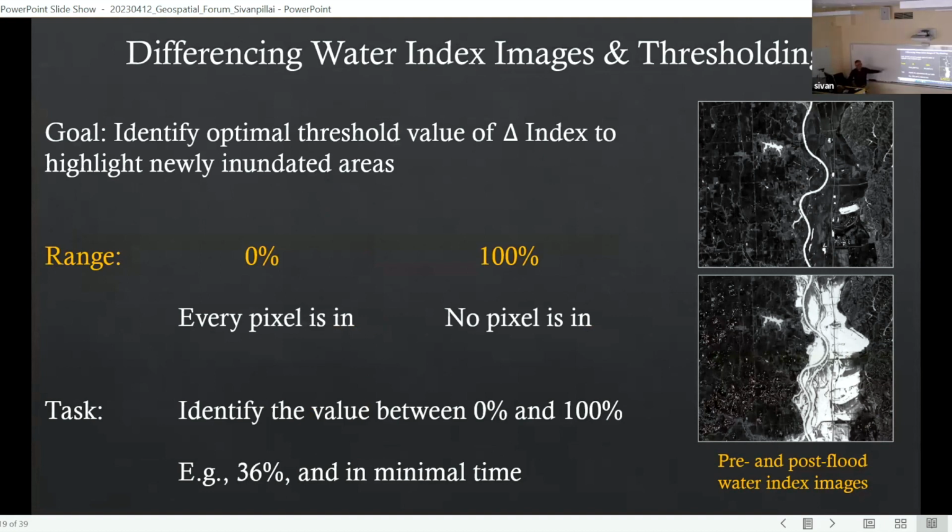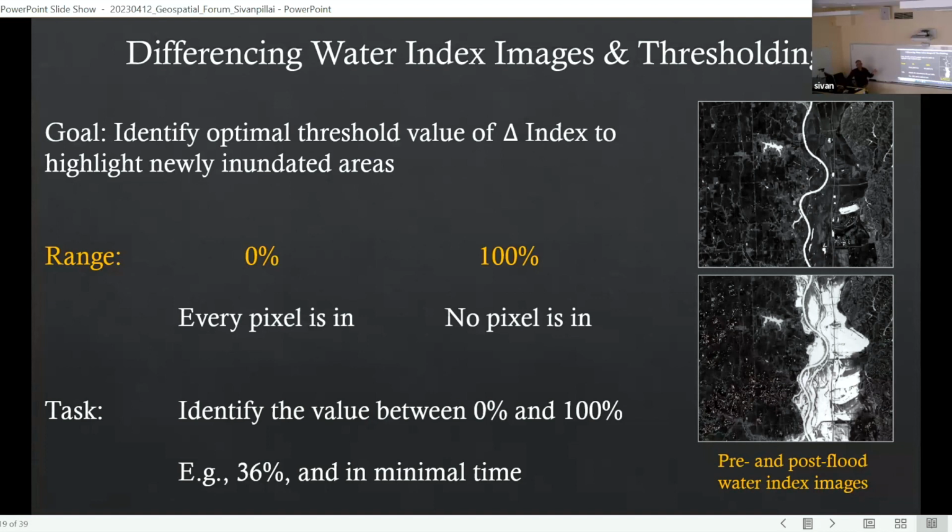So if I keep the gate very low, or threshold very low, that means I'm going to let all the pixels in. But if I put it at 100, very rarely any pixel will get in. If I want to pull that to say, show me where there are newly inundated areas, the way they did this is by trial and error, but there is a systematic process to this madness.